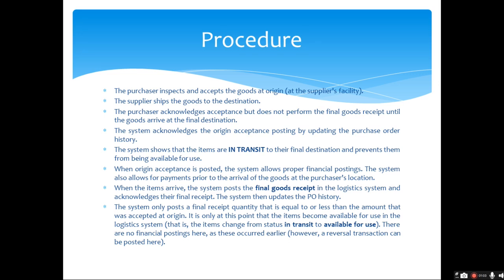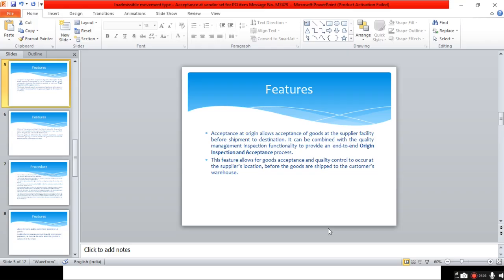So basically whoever is the purchaser will acknowledge the acceptance of that material, and only then does the supplier deliver his material to the destination. So for acceptance purpose, we'll go back to the system.